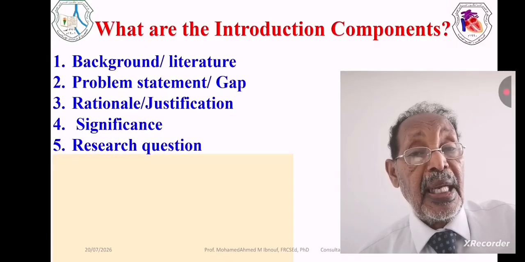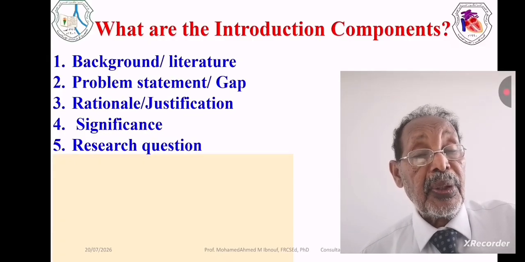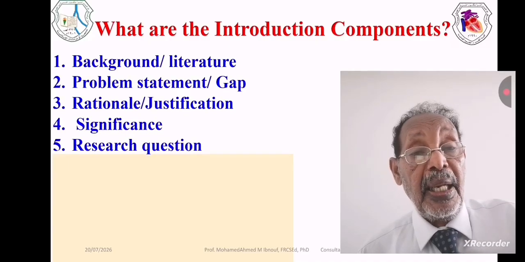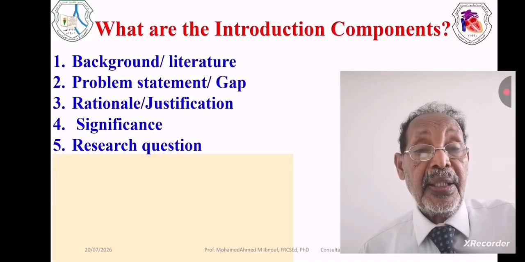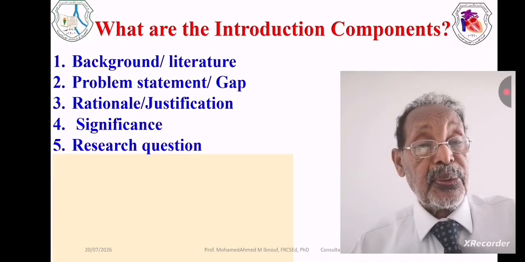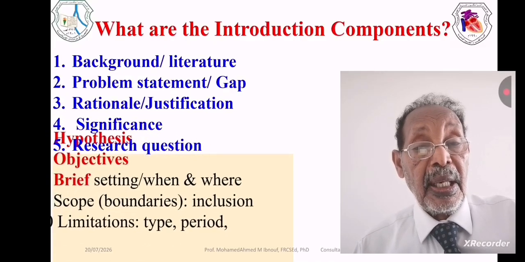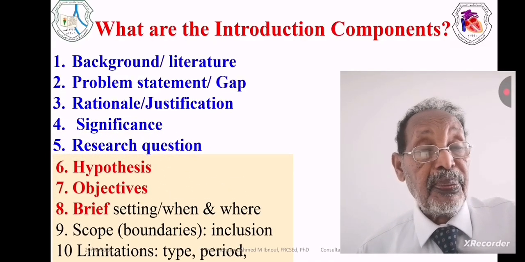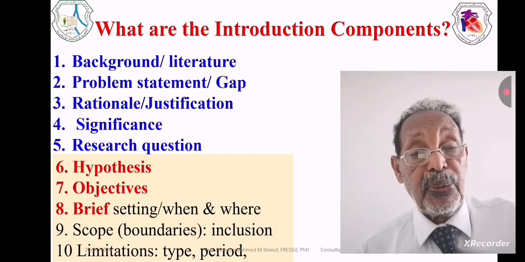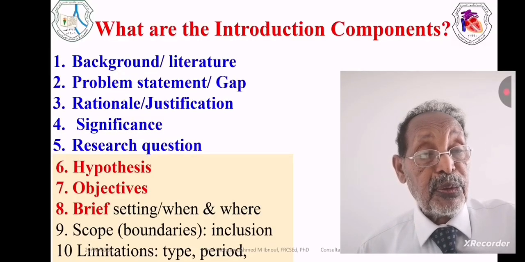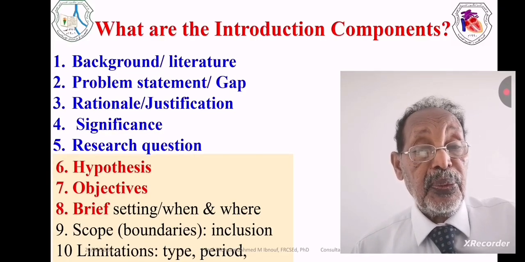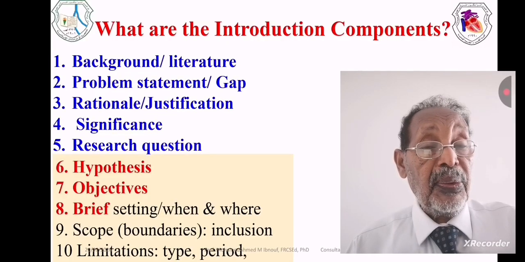To fill that knowledge gap, we should mention our rationale, our justification and significance and the research questions. And as we come down to the bottom, we write in the thesis hypothesis, but in the manuscript we can go directly to the objectives, which should be smart, and then the boundaries in time and place, and then in one word what type of a study we are going to do.